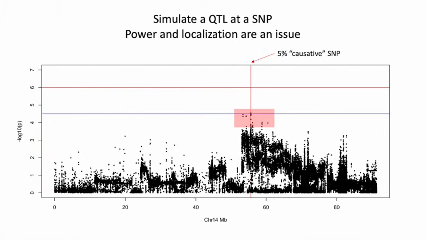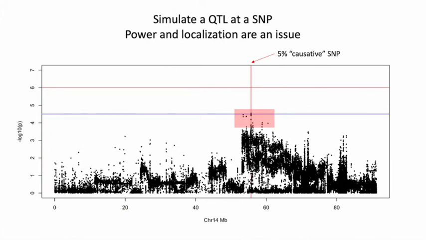So here's the same scan where I have a causative SNP that accounts for 5% of the variation, right here. And you can see a couple of important things: even if I have a single SNP that accounts for 5% of the causative variation, it's not exceeding my threshold that would be rigorous to control for permutations, right?